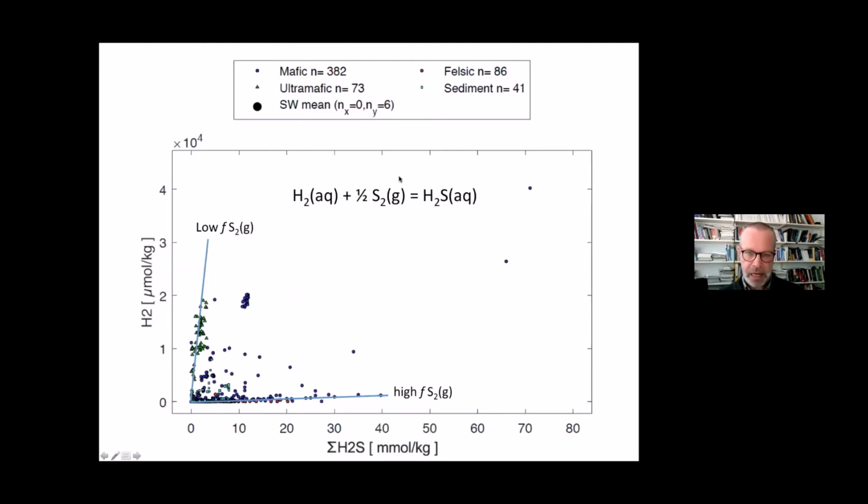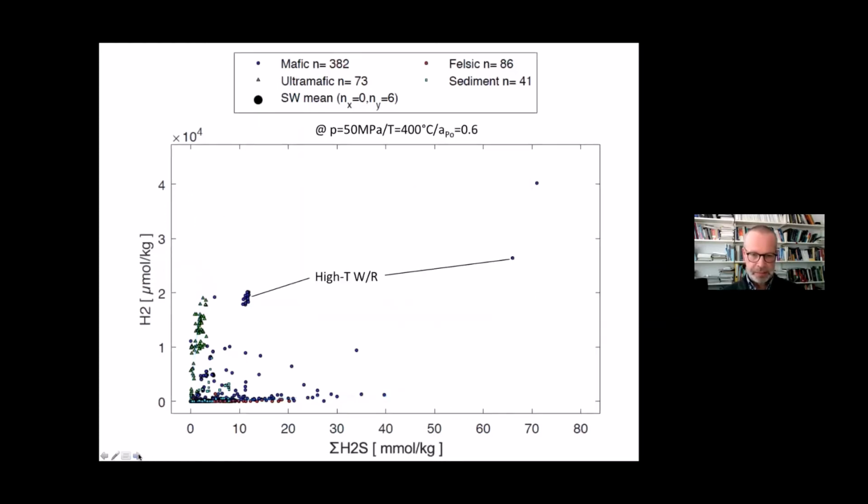We must have a high sulfur fugacity to make a lot of hydrogen sulfide while we have little hydrogen. Okay, so we have these two trends. And here we see these other subgroups that I told you about before, that they represent very high temperature water rock reactions.